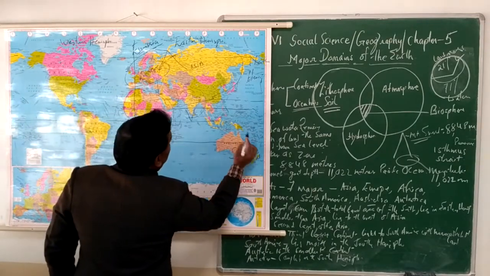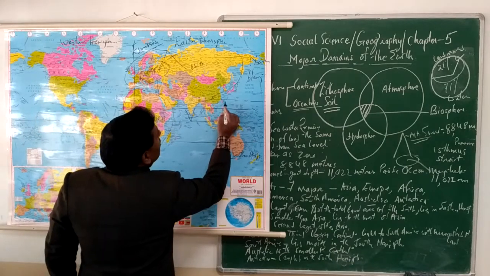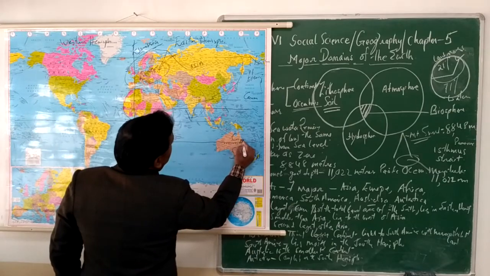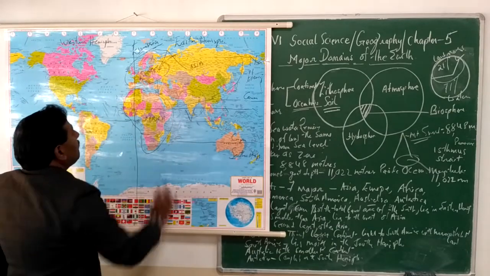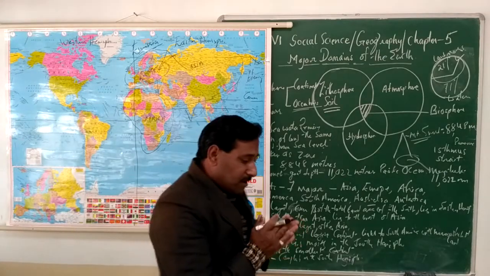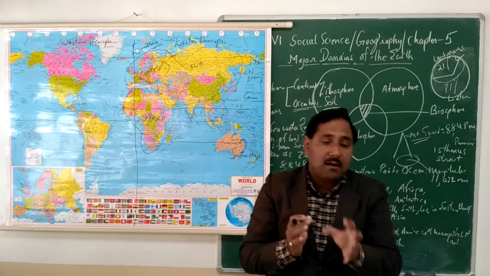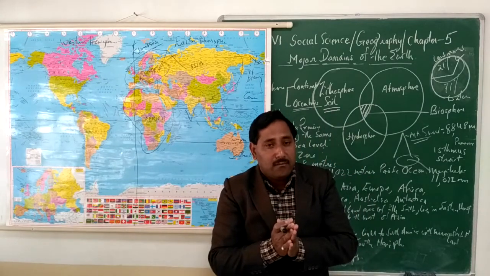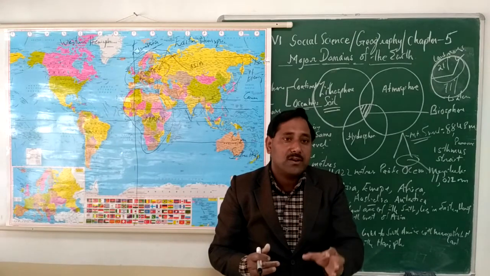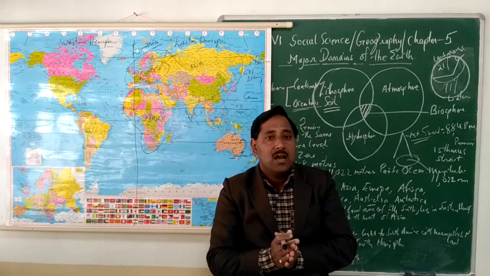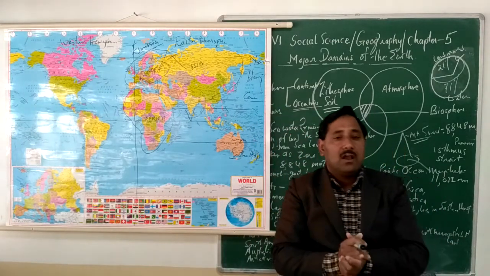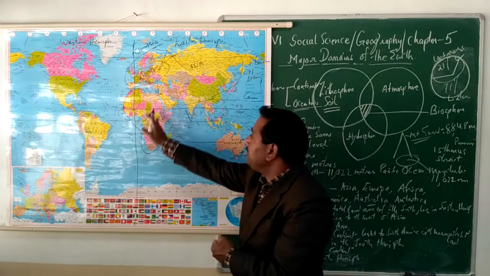So you know, the equator passes through. So what happens if the countries are near the equator? We have read in the previous chapter, if you remember, these countries or continents which are near the equator are extremely hot areas. The regions which lie over here are extremely hot.